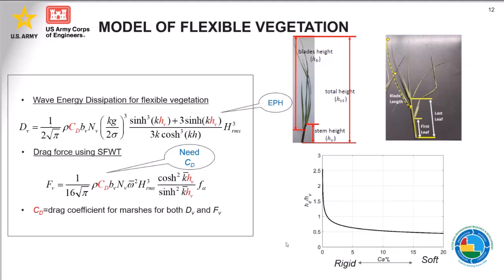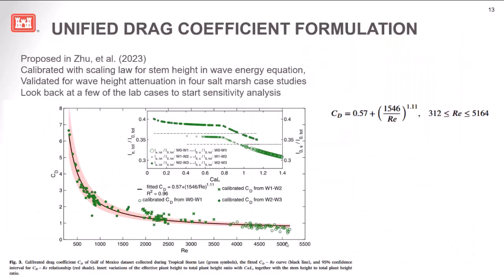Again, we need a drag coefficient formulation ready for quick estimates so that we don't have to calibrate and empirically derive a formula every time the model is run. And so we did this using a salt marsh experiment.